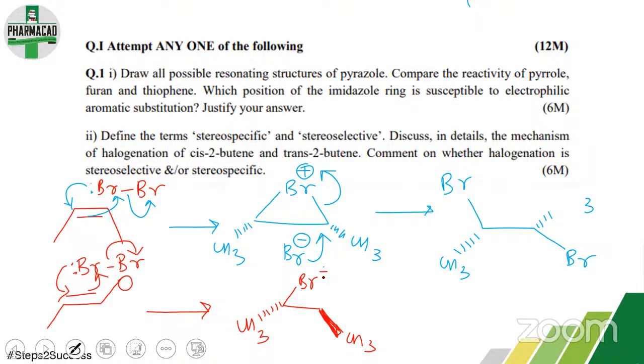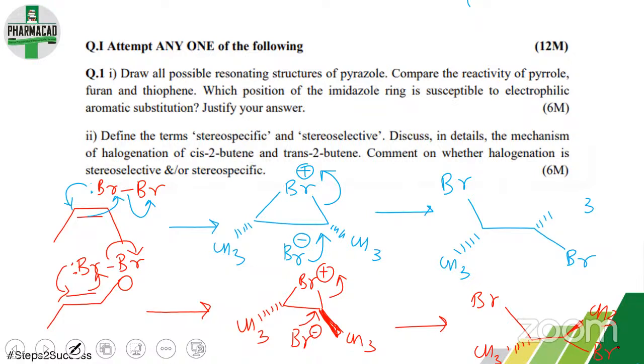This bromine has a positive charge, and this bromine with the negative charge will attack from this side, and we will get this product. Methyl with solid wedge, with dash wedge, and this bromine.